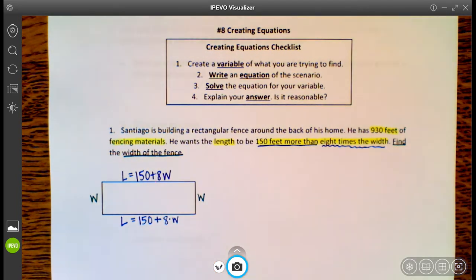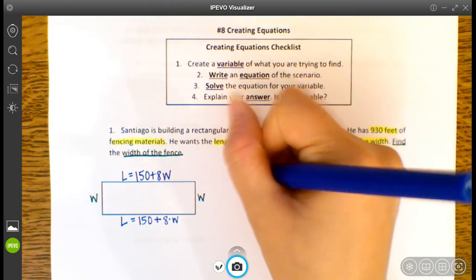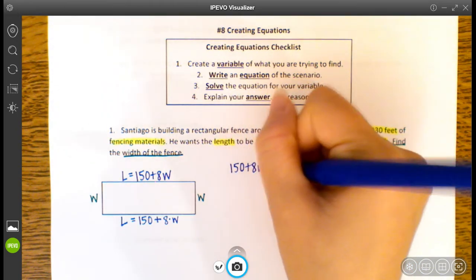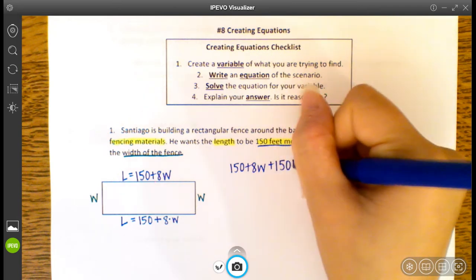So what we're going to do is this is our visual. This is our visual aid in what we're trying to build or create. So now we're going to write an equation of this scenario. They tell us that he has 930 feet of fencing materials. So we're going to take our 150 plus 8W, our length, but we have 2 of those, so we're going to add those together.